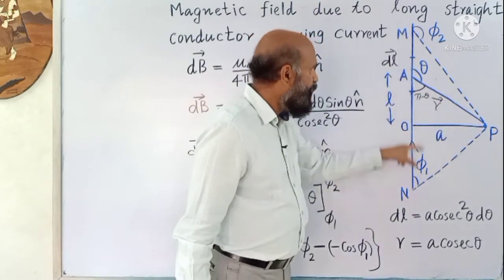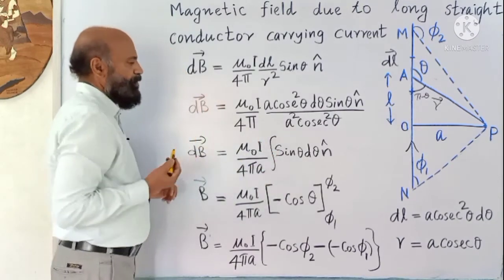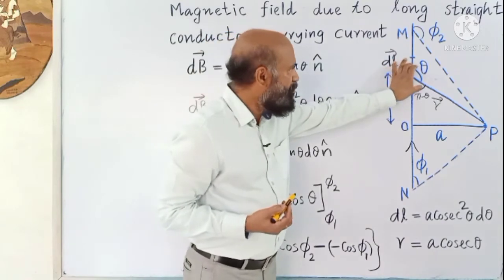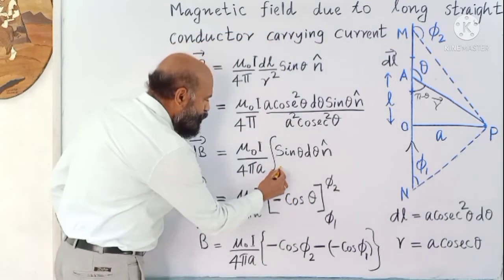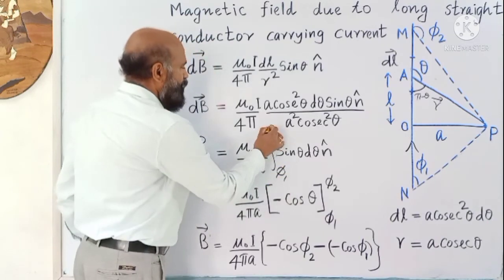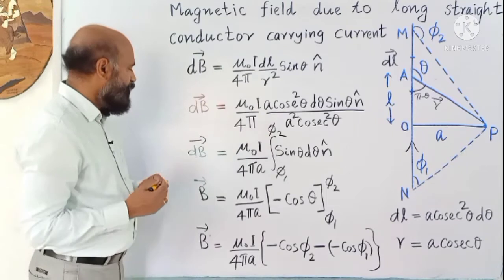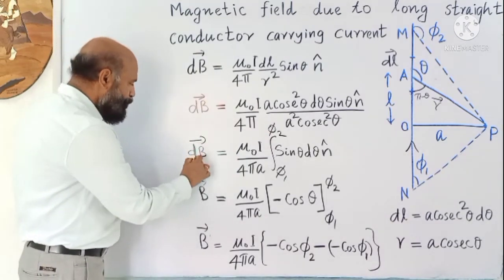For this wire, we have to integrate this. Theta is the variable, and theta is changing from phi 1 to phi 2. So the limits of integration are phi 1 and phi 2. After integration, the total magnetic field, that is dB vector, will become B.